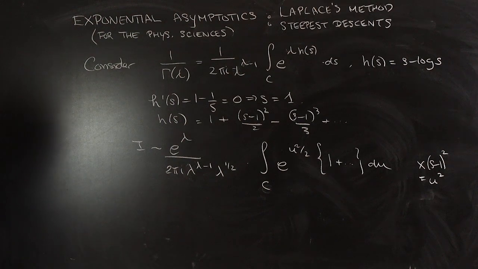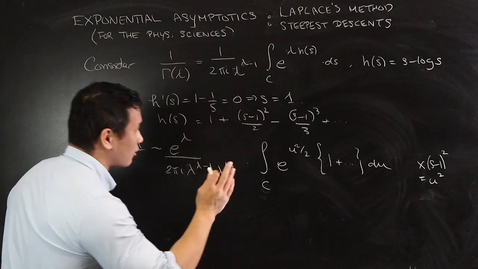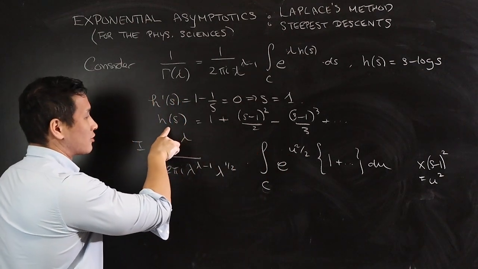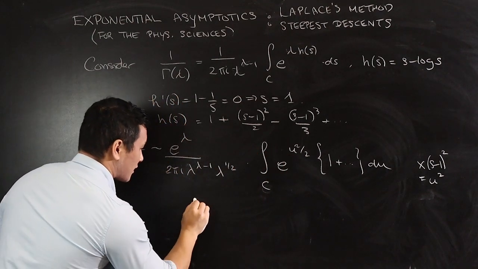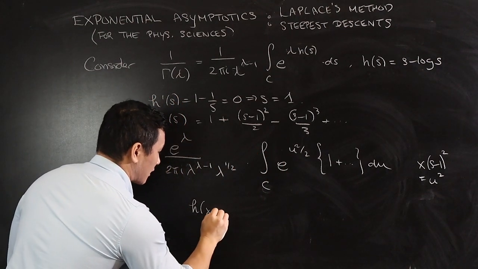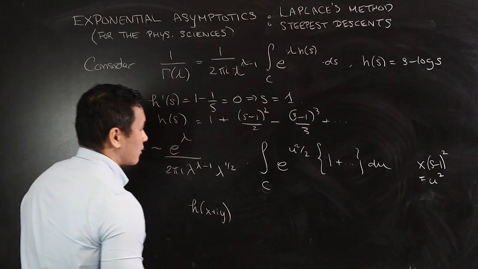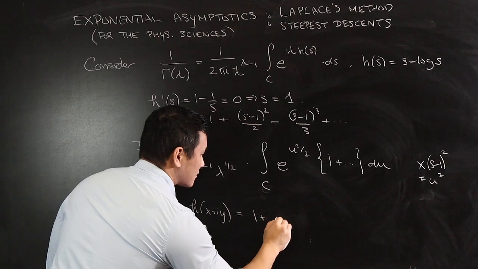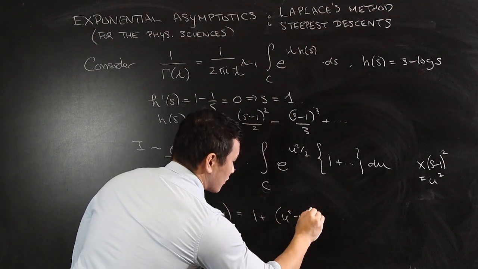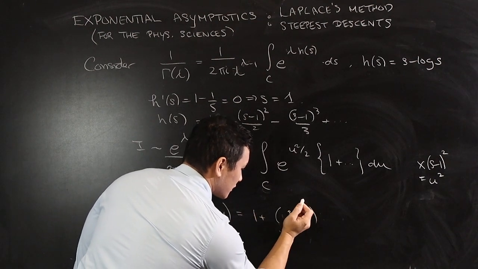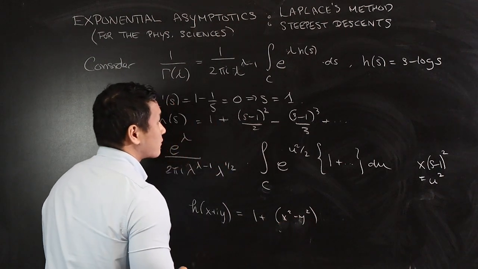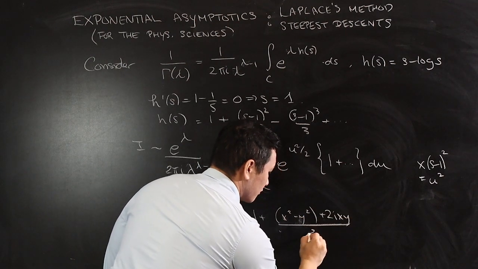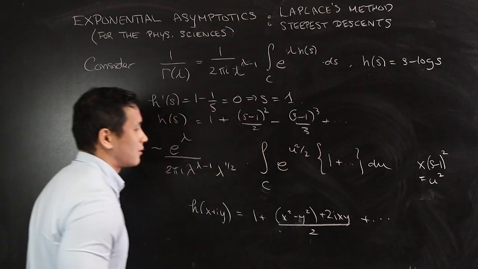Okay? Now the other way for you to figure out what the path of integration should be is that you just look at this local function of h. You say h is, let's say, x plus iy, right? And if I expand that, I get 1 plus, and then this is x squared minus y squared, plus 2ixy, all over 2, plus dot dot dot.